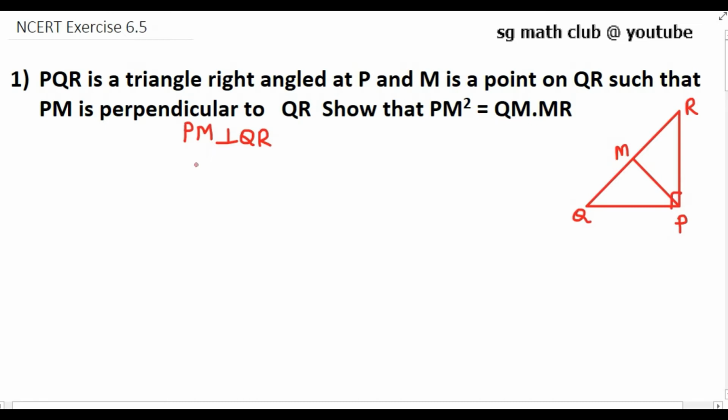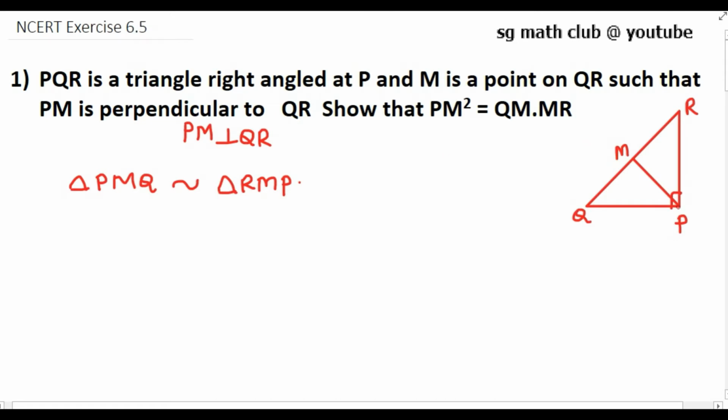So for that I am going to take the two triangles, triangle PMQ and triangle RMP, and I can say that these two triangles are similar by AA similarity criteria, or I can use this property also.